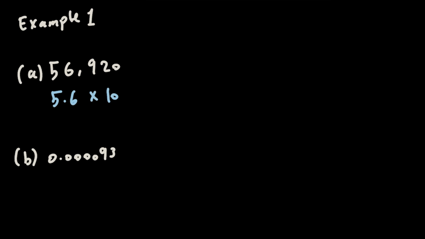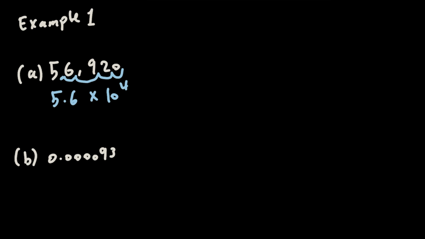So how can we find the power of 10? Here we have the decimal place and we want to go this way. So it's 1, 2, 3, and 4. So here we will have 4. So it's 5.6 multiplied by 10 to the power 4.